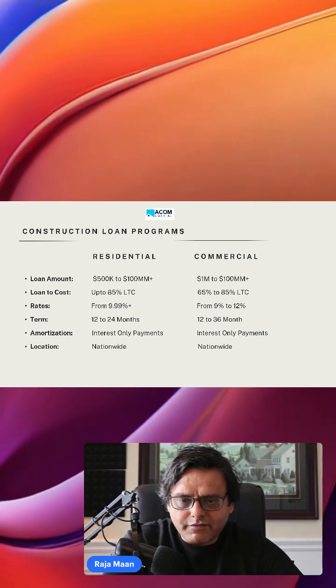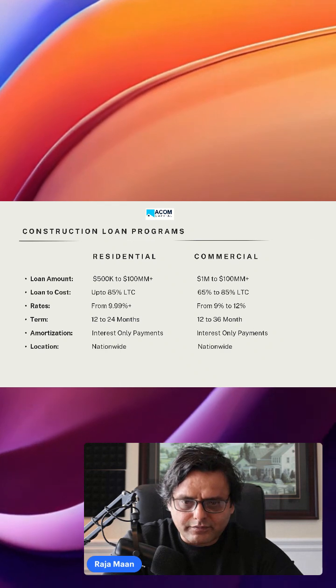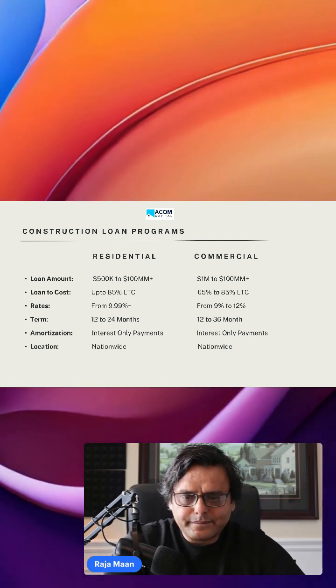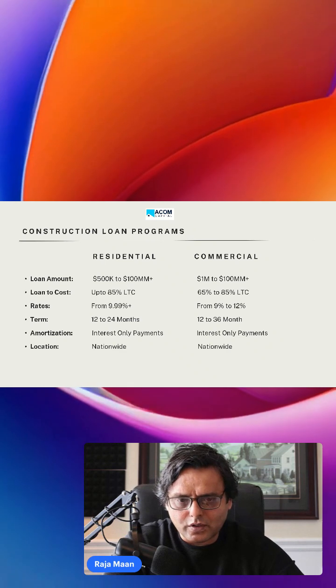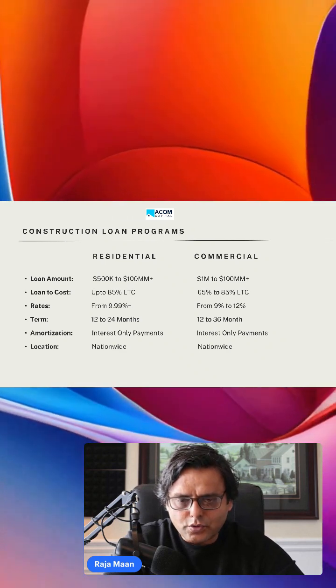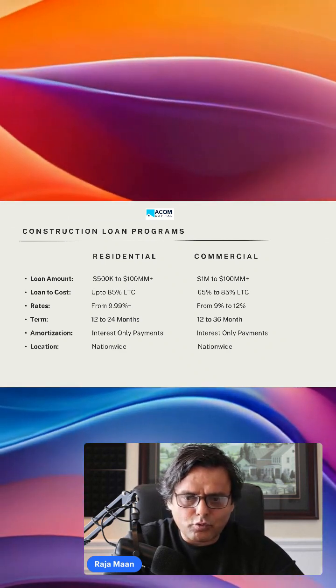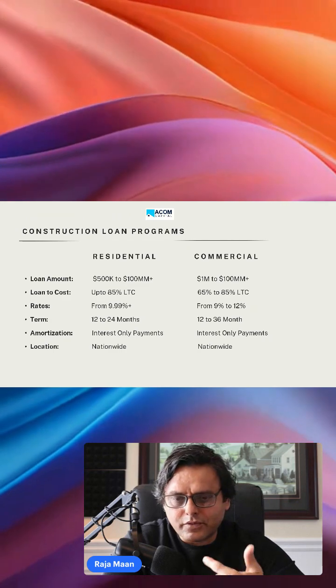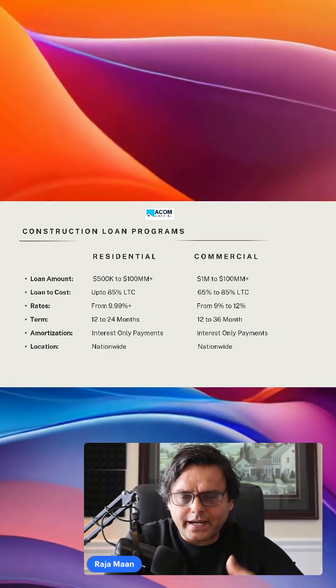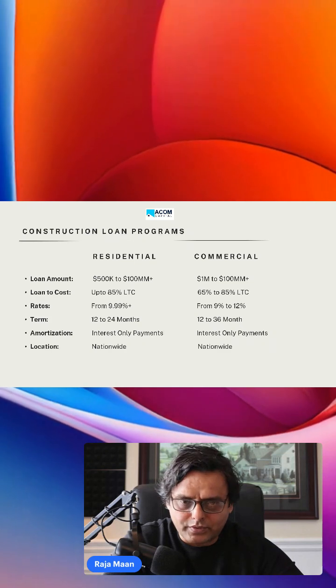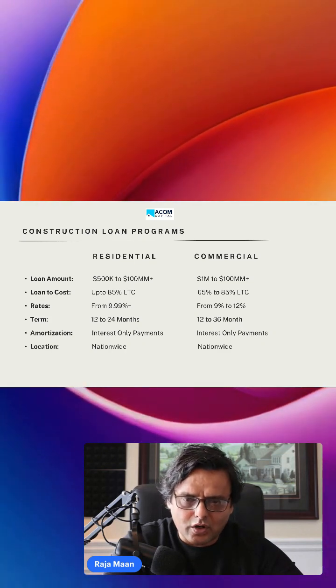Loan to cost up to 85% for residential, and for commercial 65 to 85% loan to cost. When I say up to 85, that's for great credit, great experience, great location, great net worth. Everything is great. Then you can go up to 85% of the total cost.